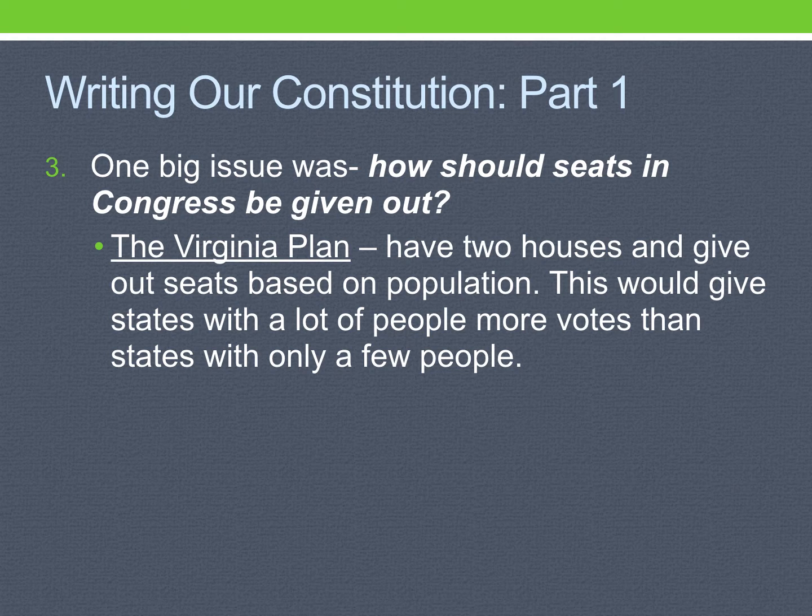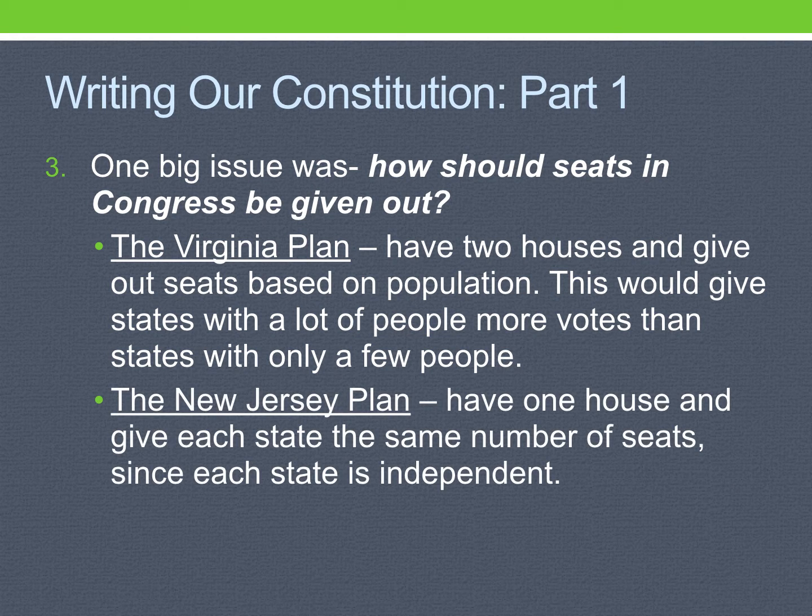States that had a lot of people would therefore get more votes than states that only had a few people. To the bigger states, this made a lot of sense. We have more people, therefore we should get more of a say. As you can imagine, the smaller states weren't wild about this plan. They came back with the New Jersey Plan. The New Jersey Plan said, let's keep it similar to the Articles of Confederation.